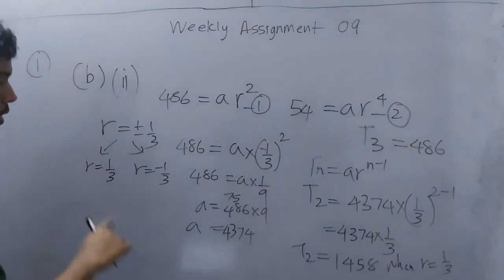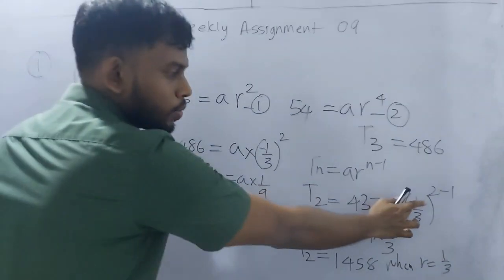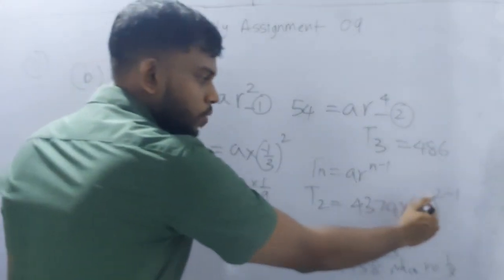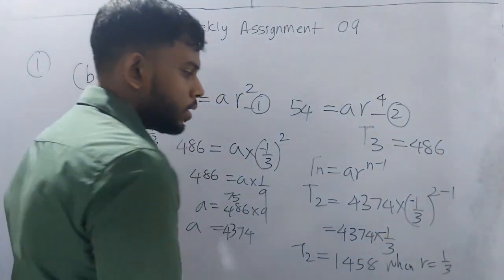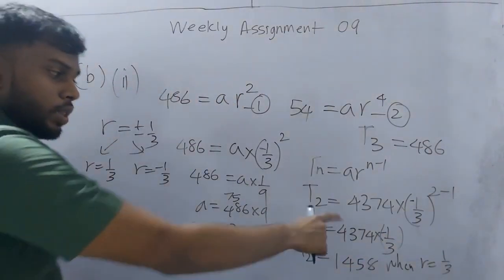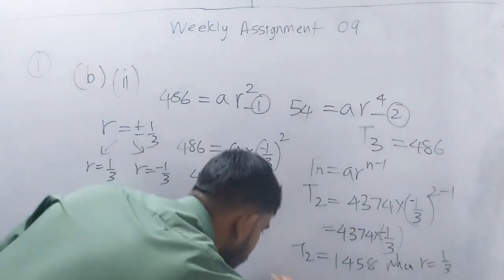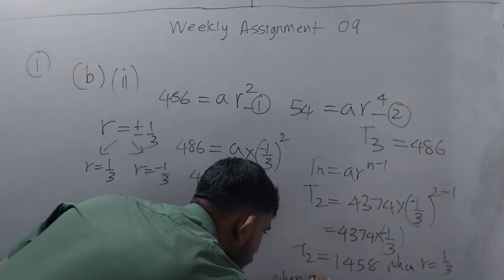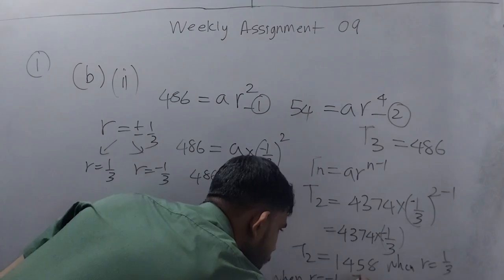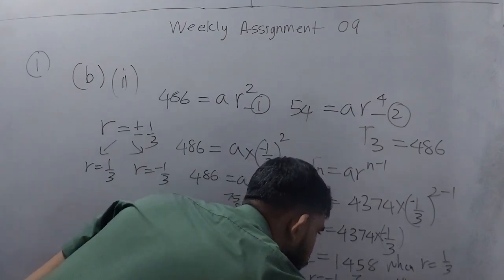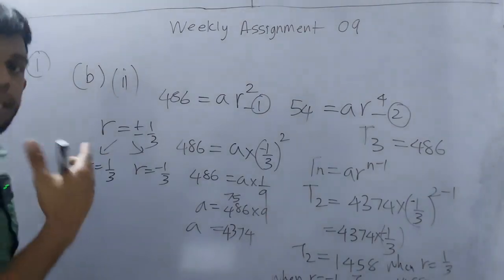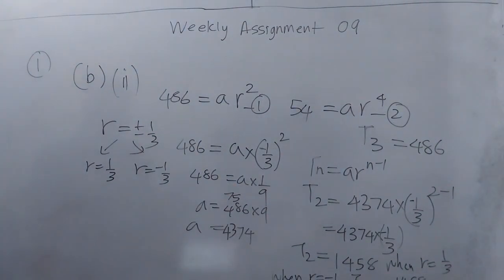So when r is equal to minus 1 over 3, here you are substituting minus 1 over 3. So it will be minus 1 over 3 to the power 1, right? Then the answer will be, so here only the sign changes. So when r equals minus 1 over 3, T2 will be equal to minus 1458, because only the sign changes. Then you can write the first three terms of the two geometric progressions.